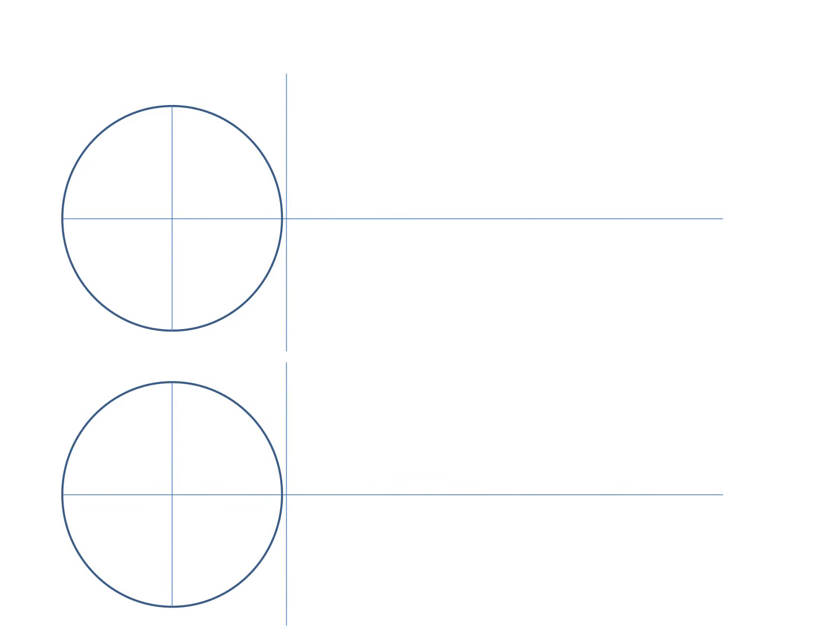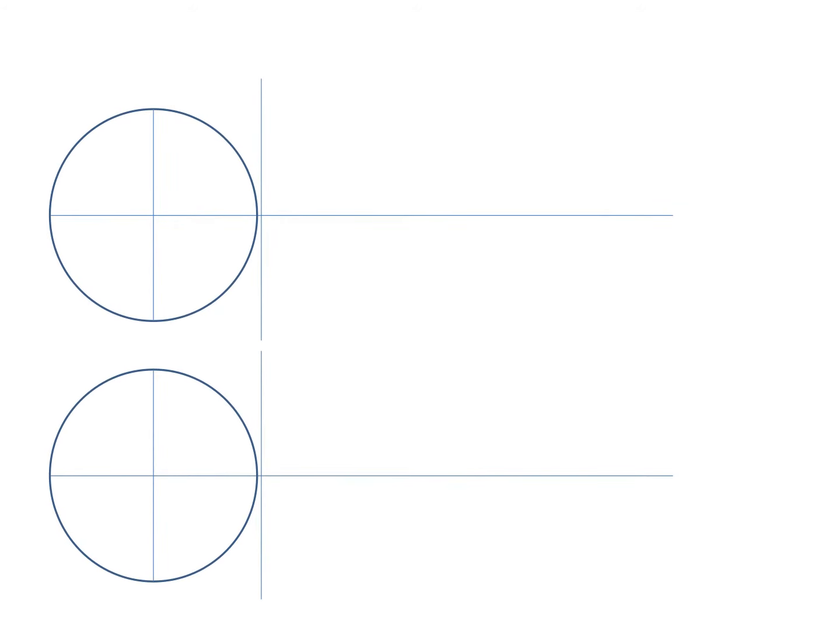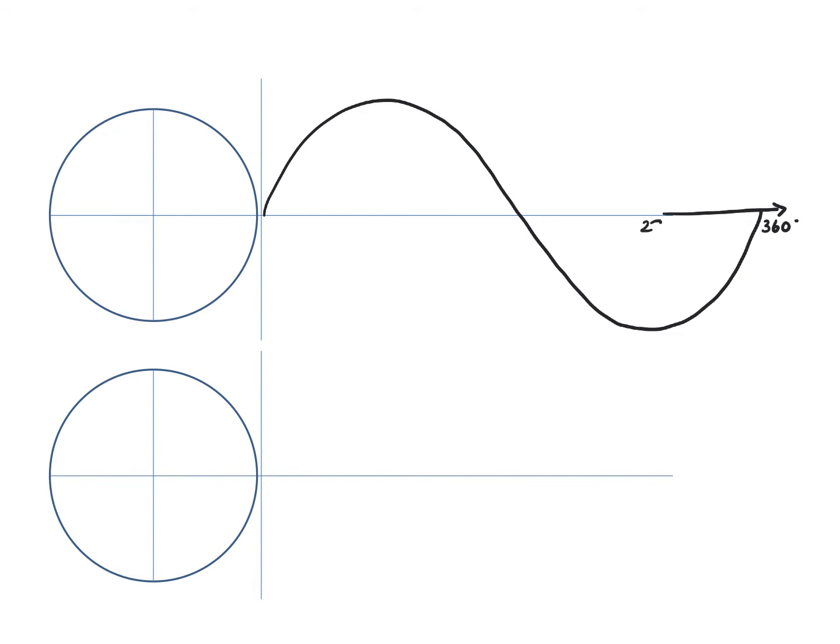The CAST diagram is a fantastic diagram that's used, and it uses the graphs. So for sine, the sine graph looks like this. We know this is 360 degrees, 270 degrees, 180 degrees, 90 degrees, 0, and our minimum is -1 and our maximum is 1.